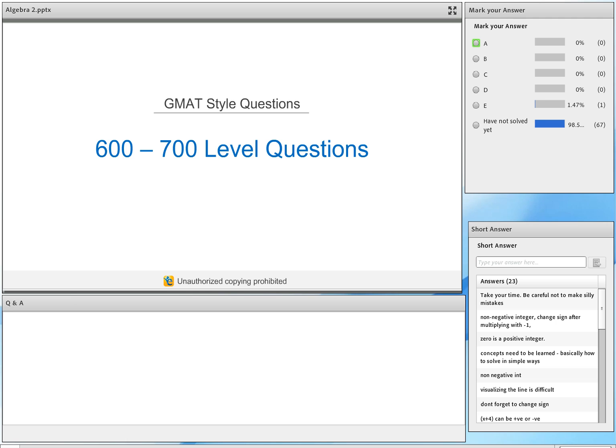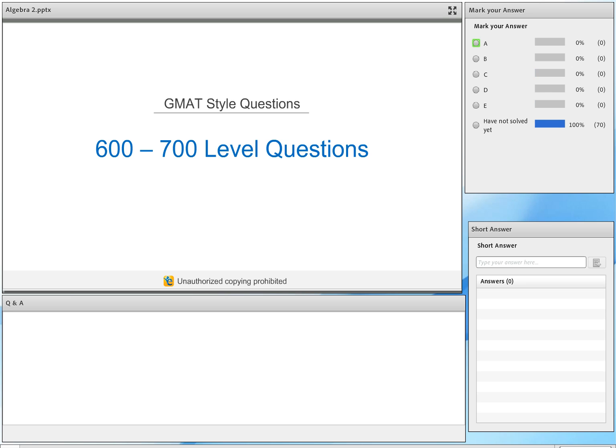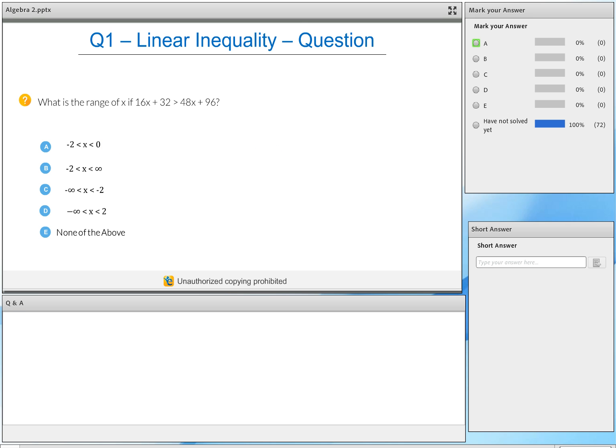While in the warm-up questions, we were applying one concept at a time, here you will end up applying multiple concepts. So be careful as you are solving, just do it methodically. What level were the last six questions? They were not even on GMAT level. They were very, very easy. They were just simply conceptual questions. All right, here you go.